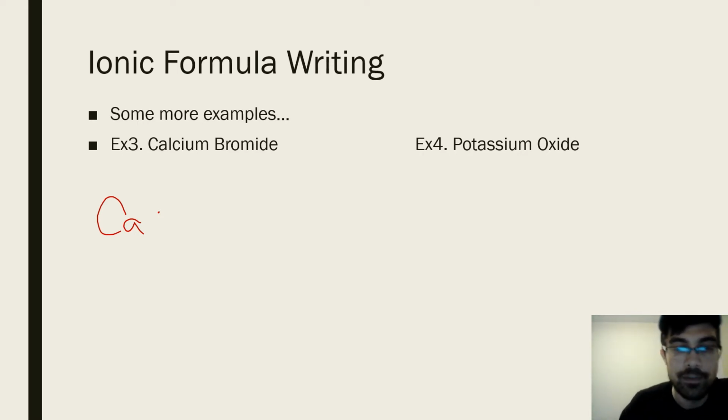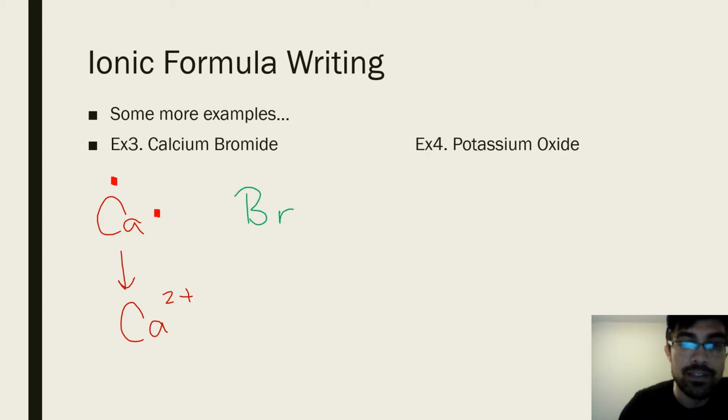What that loosely translates to is that calcium is going to lose those, and so it ends up having a +2 charge. Bromine, on the other hand, is in group 17, so it has 7 valence electrons.